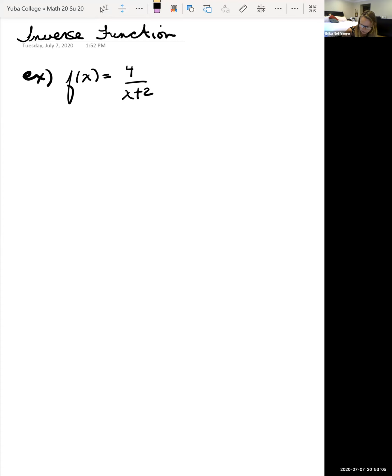Okay, so we're given that f of x is equal to 4 over x plus 2. And we want to find f inverse of x.